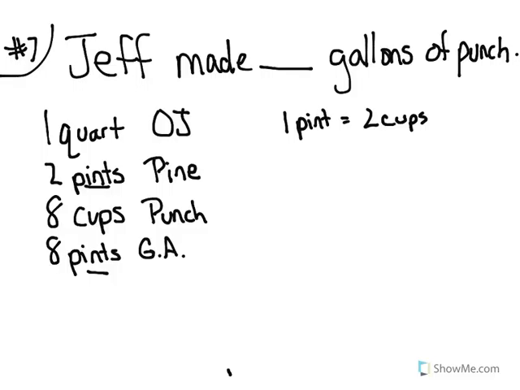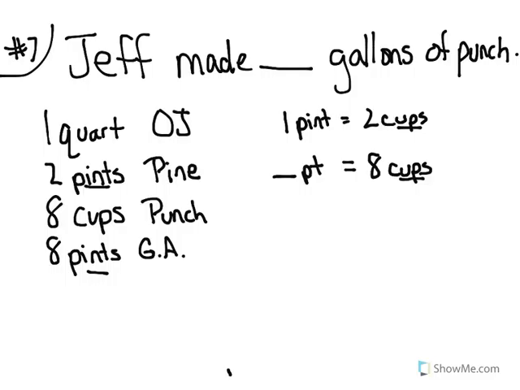So I have 1 pint equals 2 cups, and I can see that I have 8 cups of punch. Notice I'm lining cups and cups up because I need to know how many pints that is. And I'm going to use my conversion rate to help me figure it out.